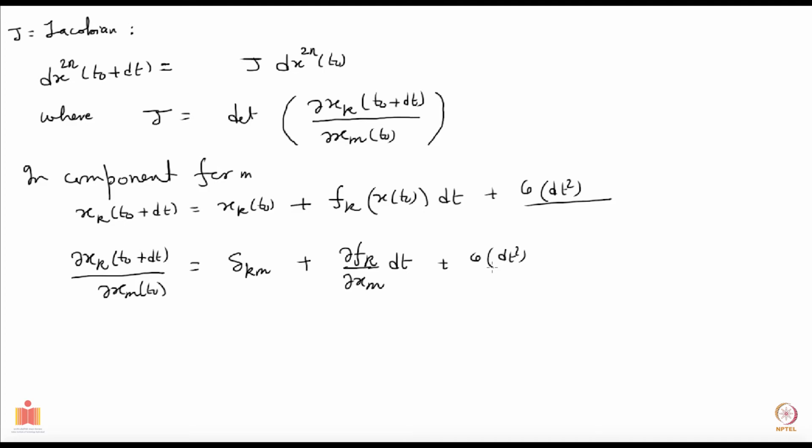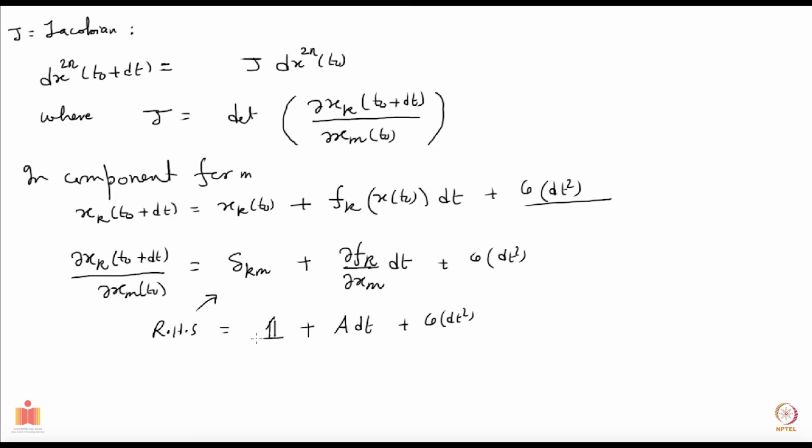Now if I want to write the same thing using matrix notation, then the right hand side you can write as identity matrix plus dt times a matrix, which let me denote by matrix A. So the matrix A has as its components del f_k over del x_m, and you have other order dt squared terms.